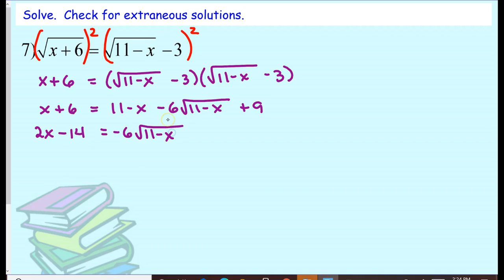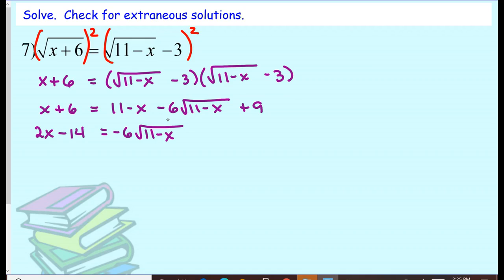Now, because we still have a square root in the equation, we're going to square both sides. And we could do that now, and that would be fine. Or if we want to make things easier on ourselves, we can simplify the equation first. So I would simplify the equation by dividing both sides by 2. Now, a lot of people would say they just want to divide both sides by negative 6.